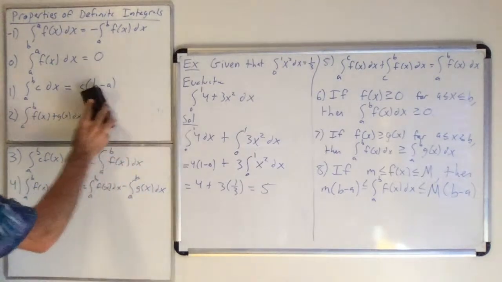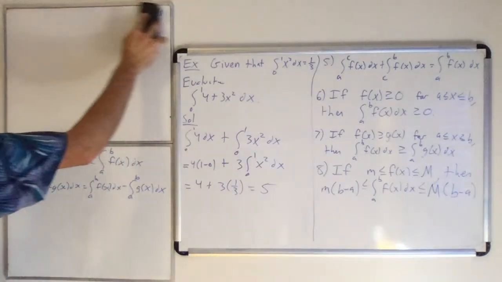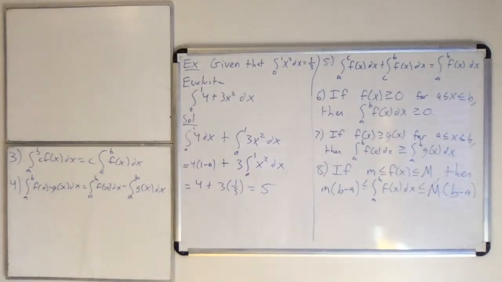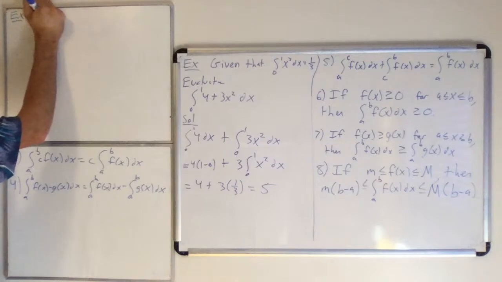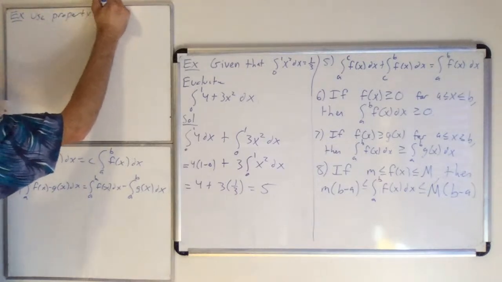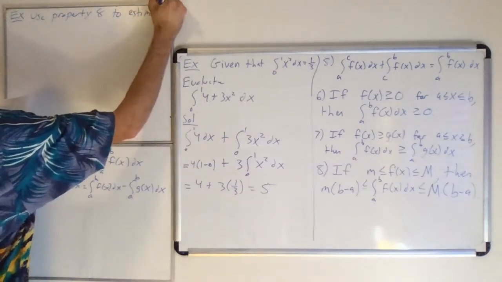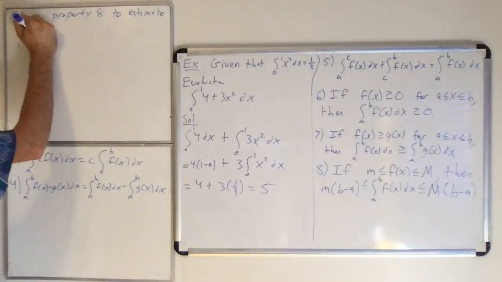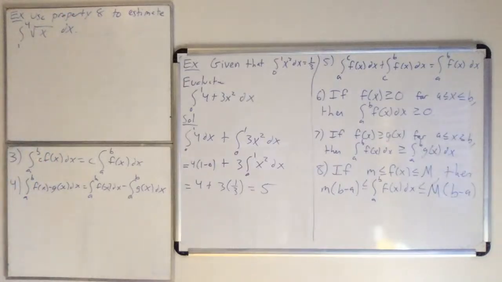Okay, let's take a look at number 8. Use property 8 to estimate the integral from 1 to 4 of the square root of x dx.